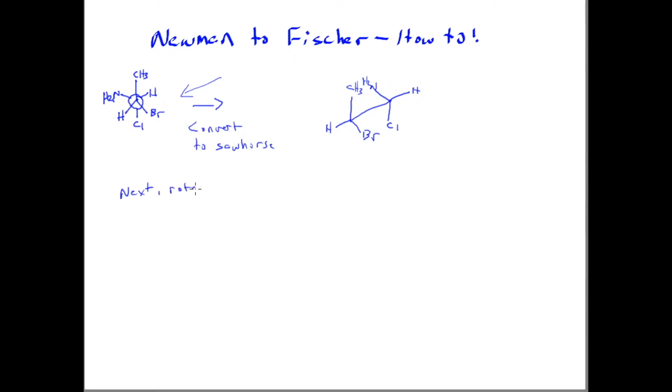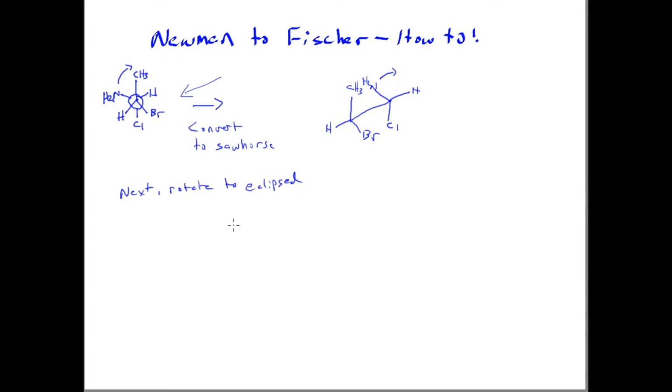Now, the next thing you want to do is rotate everything so that it is eclipsed like the Newman projection. So we're going to move everything up. Here you can see we're going to make our rotation.